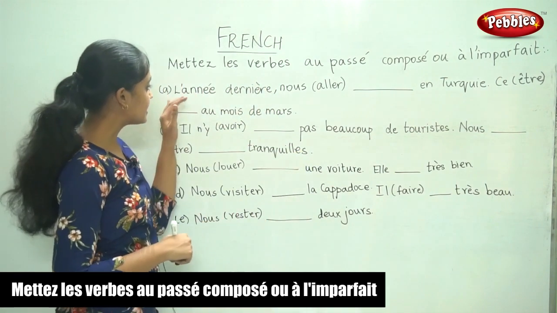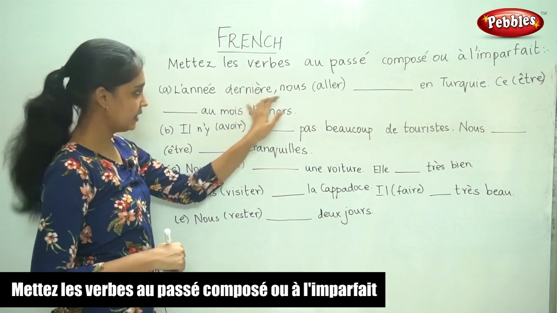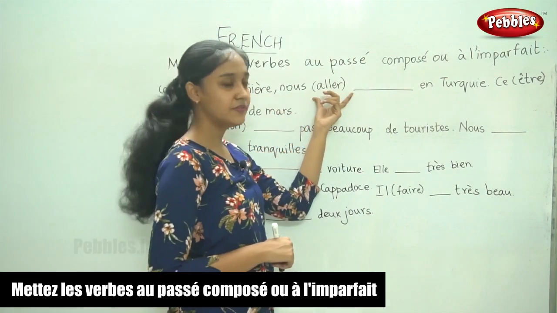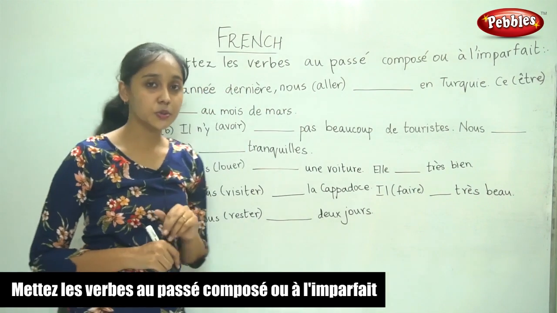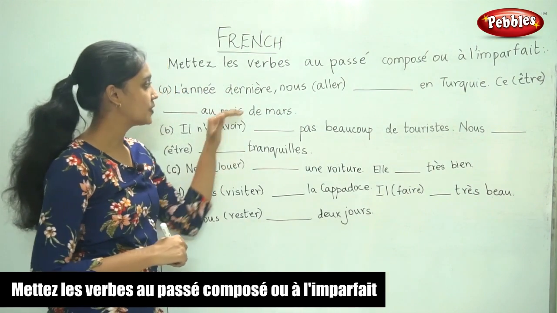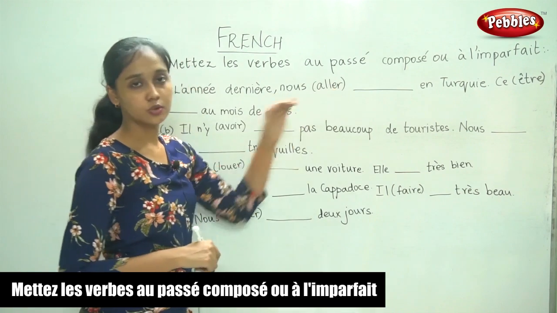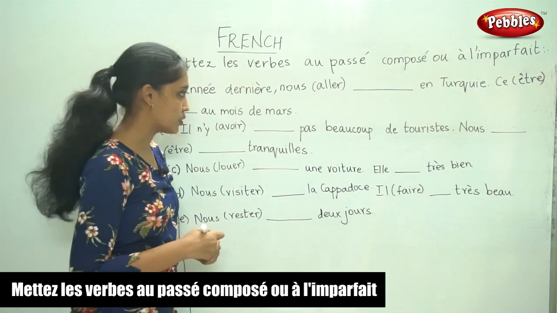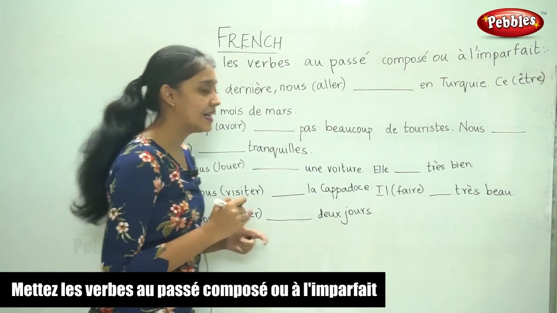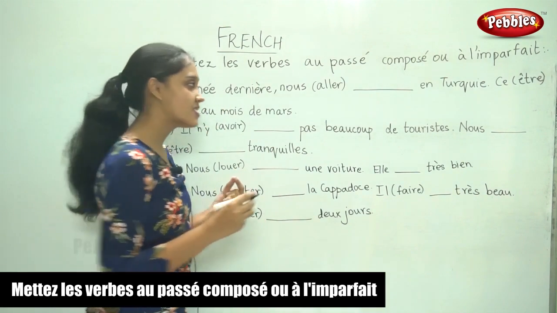So the first sentence, l'année dernière, nous, and the verb is aller. So for a principal action we use passé composé. So now we go. So that is an action. So we use passé composé. Now the verb aller takes être as the auxiliary.